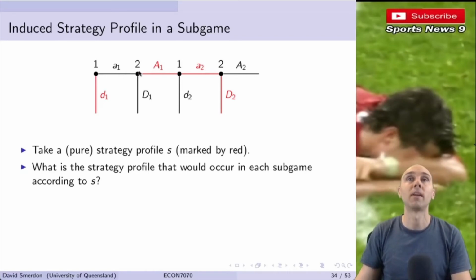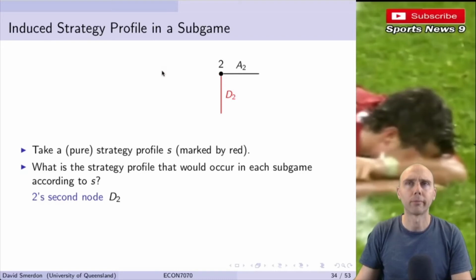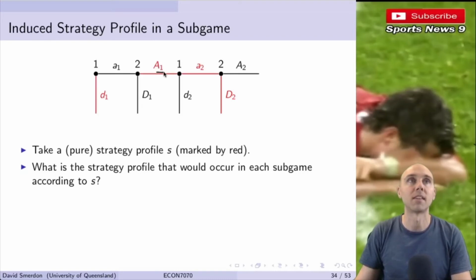So player 2 can go across or go down for player 2's first choice. So the little one here means that it's player 2's first choice, whereas this 2 here means that it's player 1's second choice to go across or go down, and then player 2 finishes the game one way or the other.